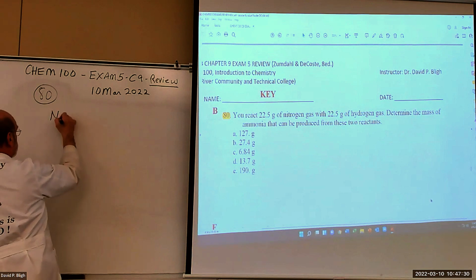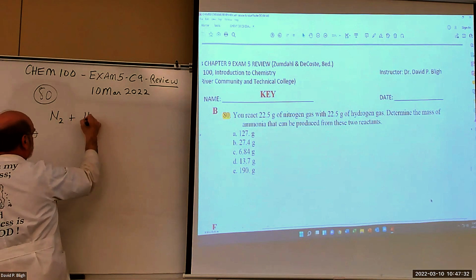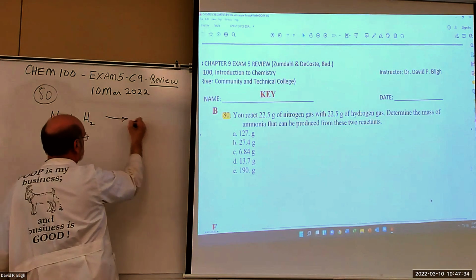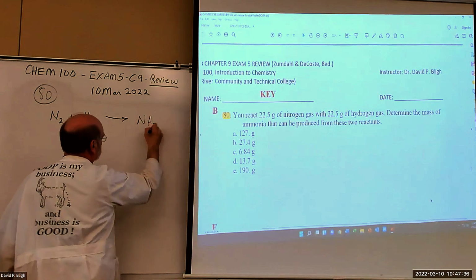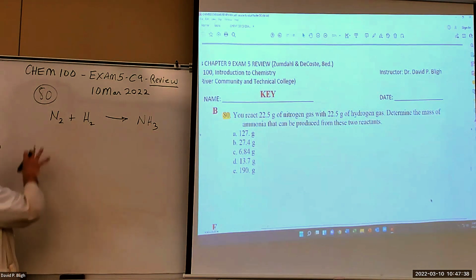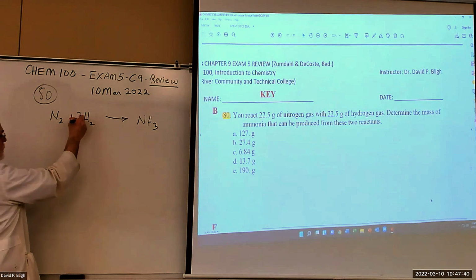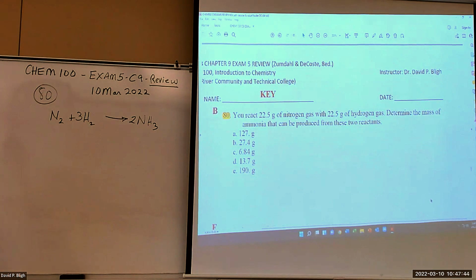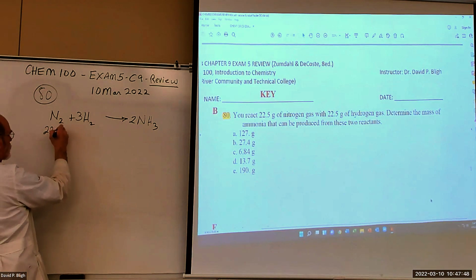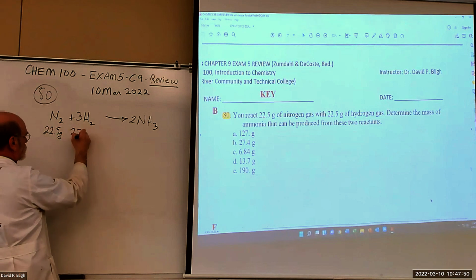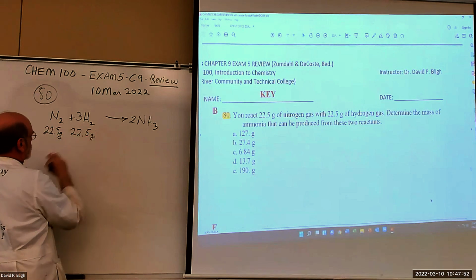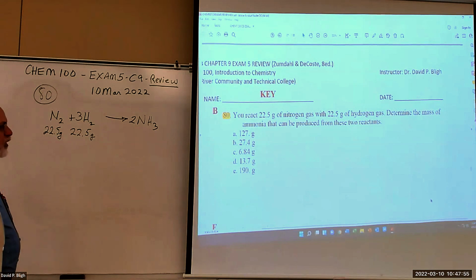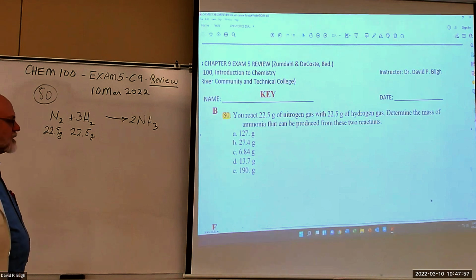Nitrogen gas and hydrogen gas yields ammonia. And it doesn't balance it for you, so you've got to balance it yourself. Now I'll do it. Now we're told 22.5 grams of each will produce how much ammonia?